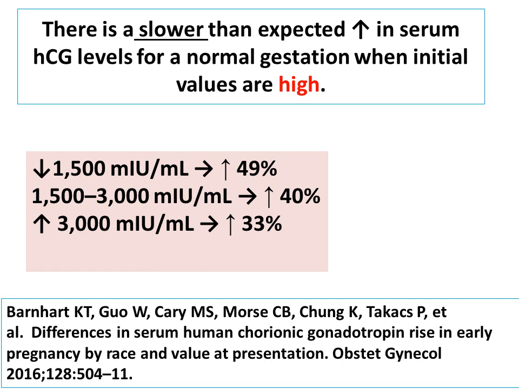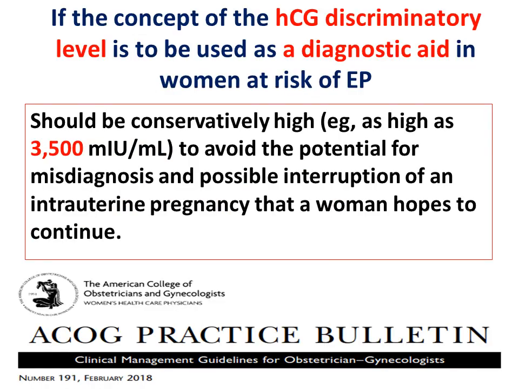Don't exclude intrauterine pregnancy based on the doubling time alone, because one of the studies found that if the initial beta HCG was 3000, the rise may be 33% only, and if it is lower than 1500, the rise is 49%. So don't rely on the doubling time of 66% as a diagnosis of intrauterine pregnancy alone. This is the first important practical point.